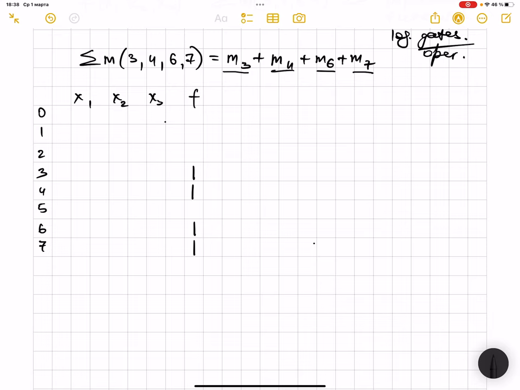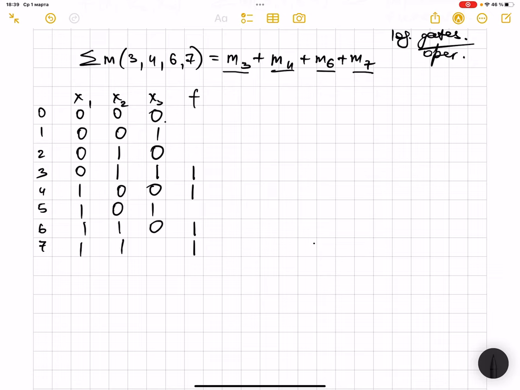So at M3 we have what? We have the values x1 0, x2 1, x3 1. Let's start from the truth table here: 0 0 0, 0 0 1, and so on.